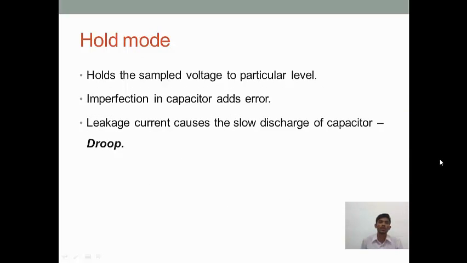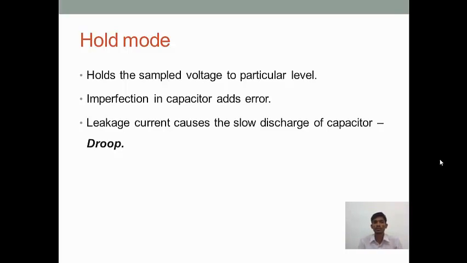Hold mode is a mode in which the circuitry tries to hold the voltage at a particular level, the level at which the signal has been sampled. The capacitor is the most important part here, because it stores the charge and tries to stay at that sample until the conversion ends.